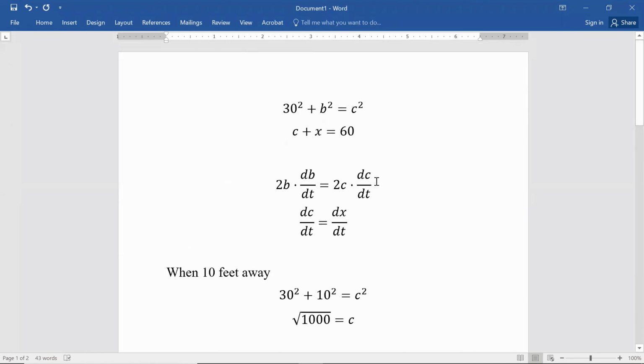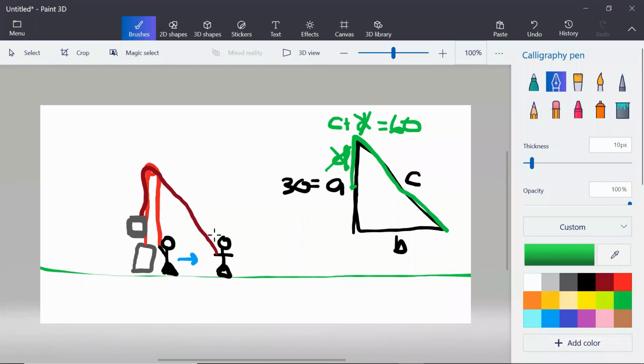That's how that problem is done. Again, I think it's easier just to see that because the sum of C and X is 60, they have the same rates of change, and then use this equation here. And that should make sense.